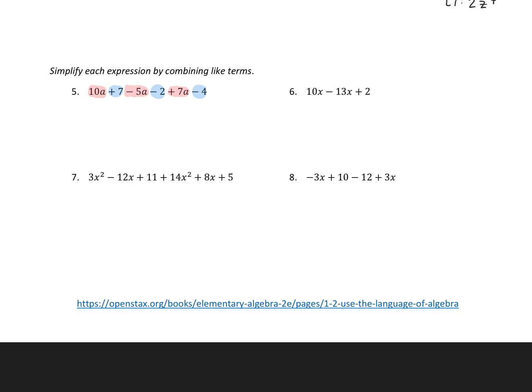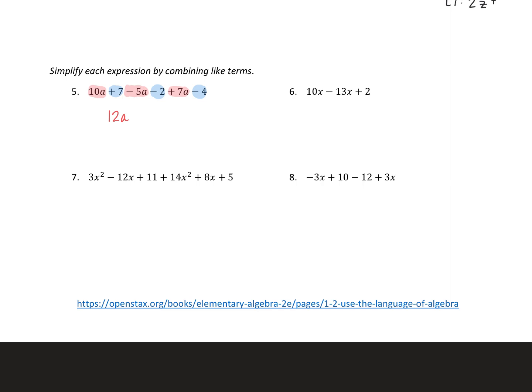So we can combine these. All of the stuff in red, we have 10a minus 5a plus 7a. All you're going to do is add or subtract the coefficients and leave the variables the same. So 10 minus 5 is 5, and then 5 plus 7 is 12. So 12a is what we get when we combine like terms with a.